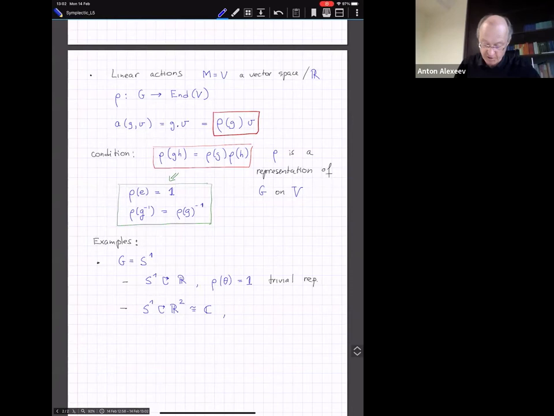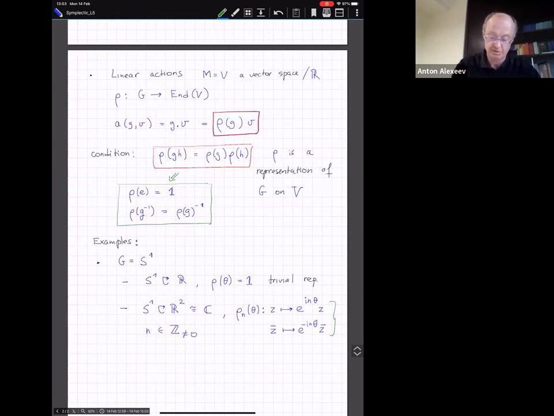And then I'm saying that rho n of theta maps Z to e to the I n theta Z, where n is an integer which is not equal to 0. And of course, if I'm using complex coordinates, Z bar will be mapped to e to the power minus I n theta Z bar. So you can actually write it as a linear transformation of R2.